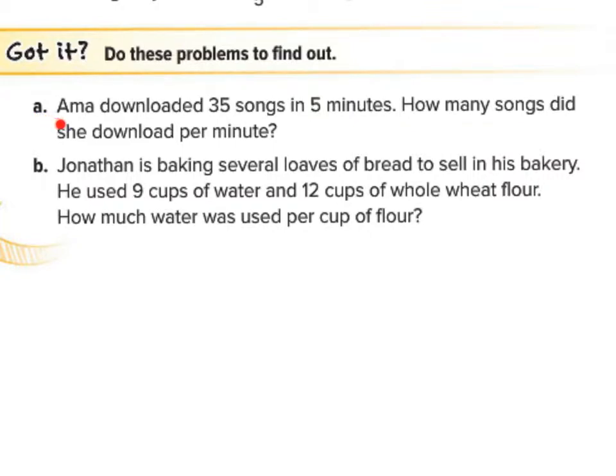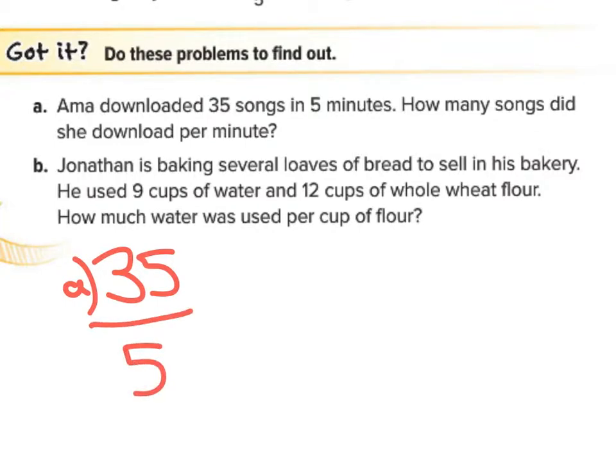Let's see. Emma downloaded 35 songs in 5 minutes. How many songs did she download per minute? So let's write that out. 35 songs, this is question A, by the way, in 5 minutes. Both of these numbers are multiples of 5. You know that we have 1 5 down here, and how many 5s do we have in this top number?